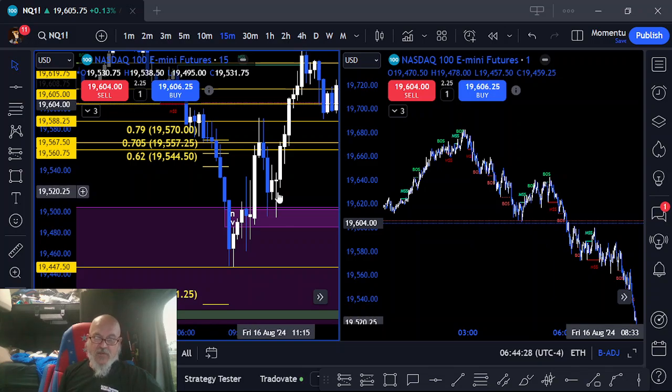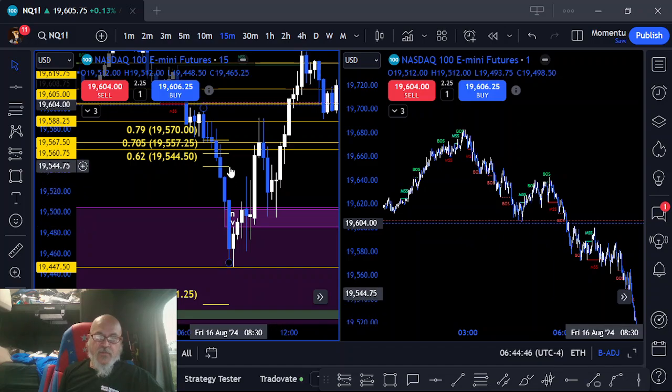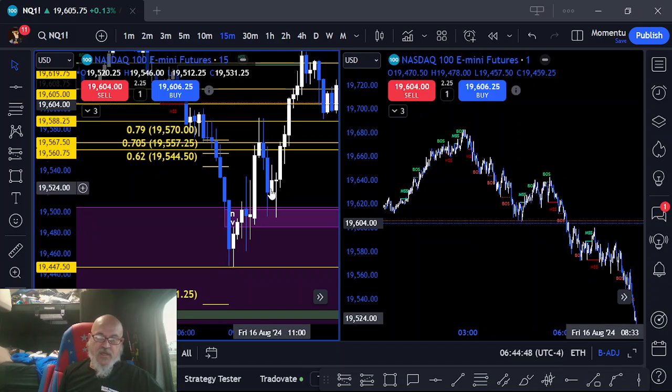So I was out of the trade. Okay. I got out of the trade somewhere in this candle, in this up candle. Yeah. Not a great profit, but it was profit.